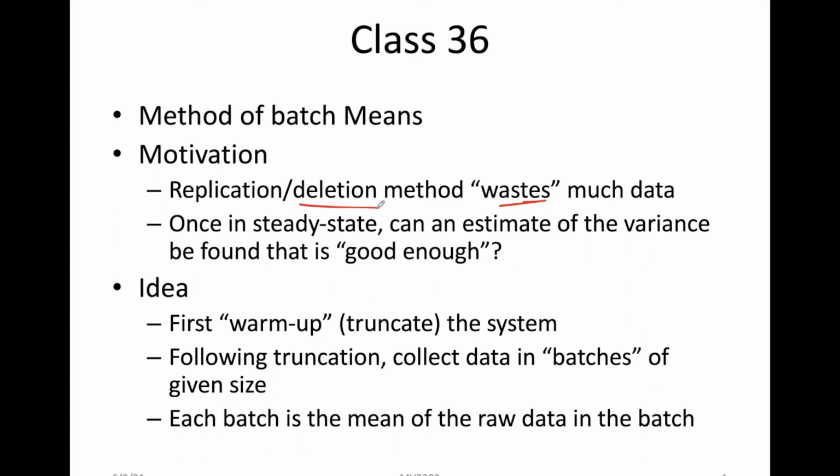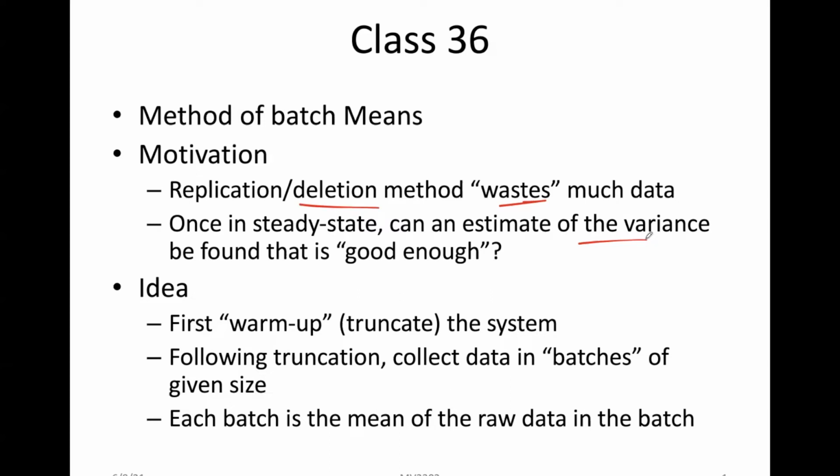But the autocorrelation is what we're stuck on here. Even once we reach steady state, there is autocorrelation, and as we saw last time, that autocorrelation can be significant. What that does is make our estimate of the variance problematic. That is, the normal estimate of the variance is not acceptable.